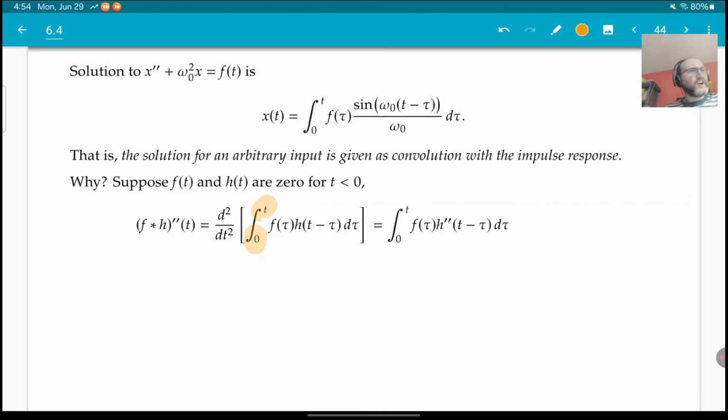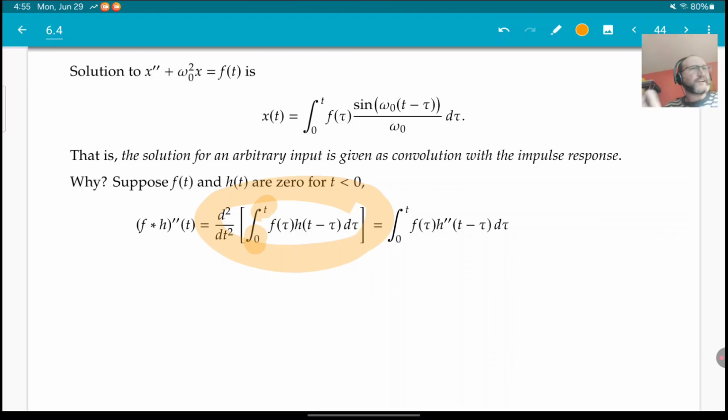If we do this, there are going to be some boundary terms, but they're all going to be 0 because these functions are 0 on all negative t, and let's assume even their derivatives are 0 for all negative t.